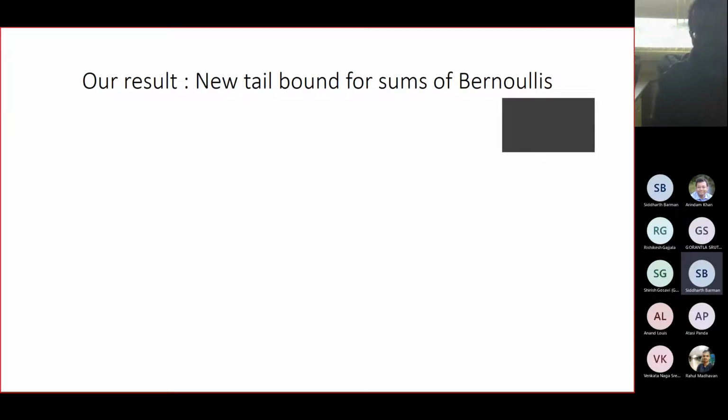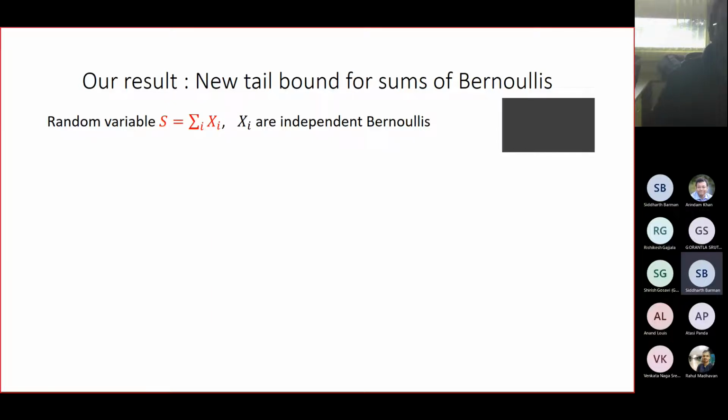So now let's just talk about sums of Bernoullis. Even if you don't understand anything so far, you can start afresh in this slide. You have a bunch of independent Bernoullis, let's call them xi's, and I'm interested in their sum. I tell you that the expectation of the sum is gamma times k, where k is an integer and gamma is some constant which is at least 1.